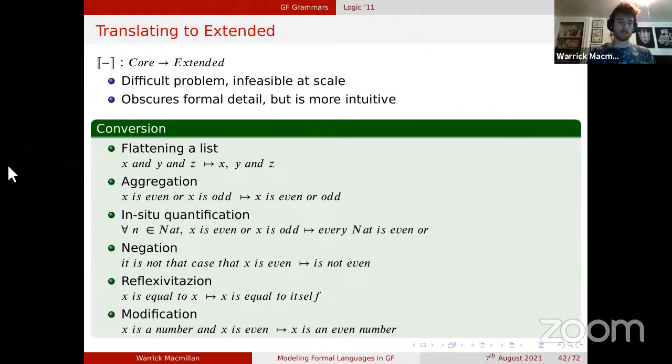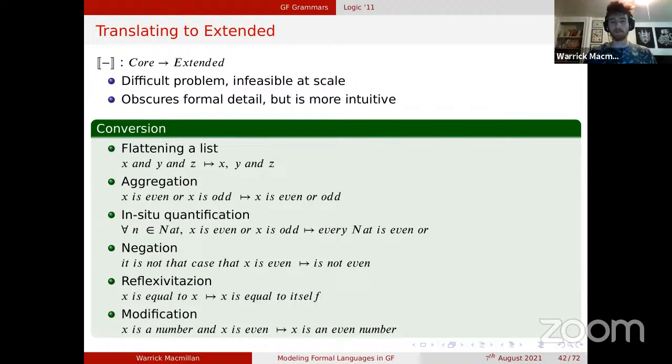So here are just some of these conversions that get worked through in the PGF layer. You can take a phrase like X and Y and Z and turn it into a list. Also aggregate the predicates of a variable if it has multiple predicates that it obeys. So you can say for all X, blah, blah, blah.